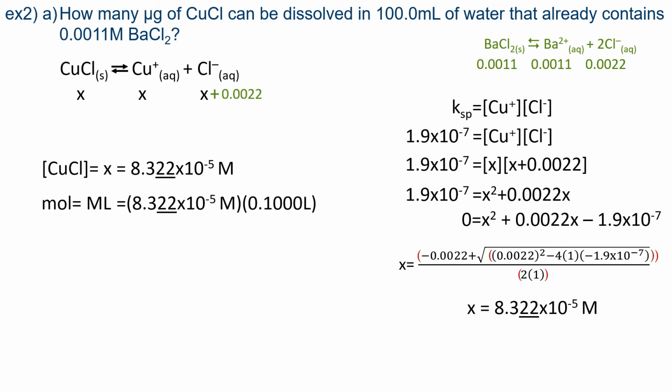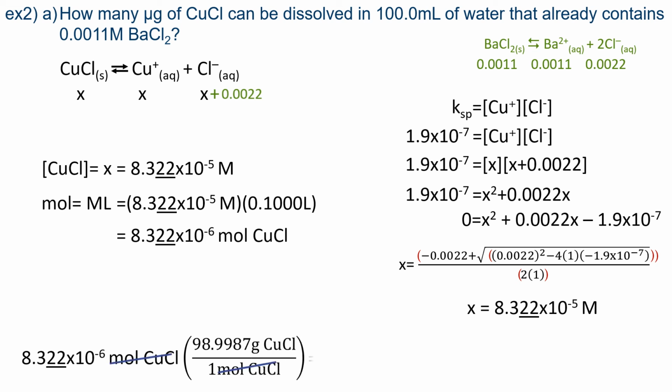So molarity multiplied by the liters given to us in the question, we wind up with 8.322 times 10 to the negative 6 moles of copper(I) chloride, which we will then convert to grams. And after we have it in grams, we will then convert that into micrograms by moving the decimal 6 spots to the right. And with that pre-existing ion, we were allowed to only add this time 820 micrograms of copper(I) chloride.